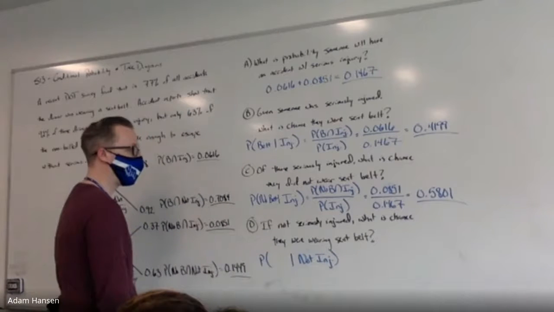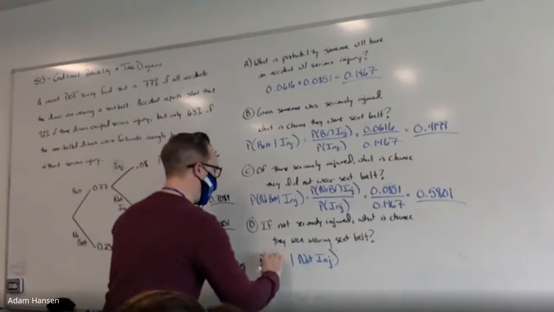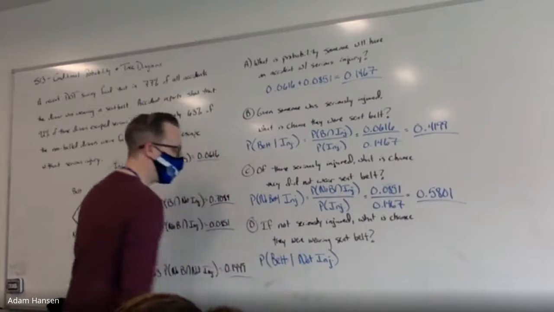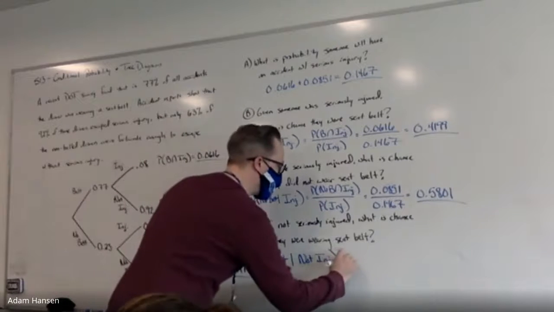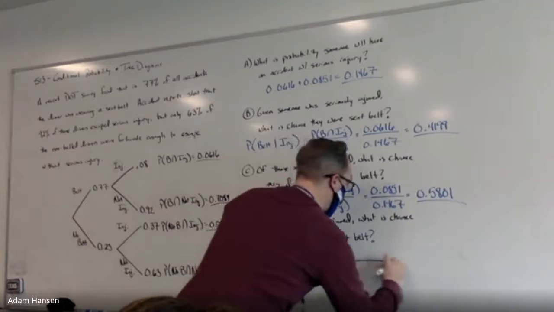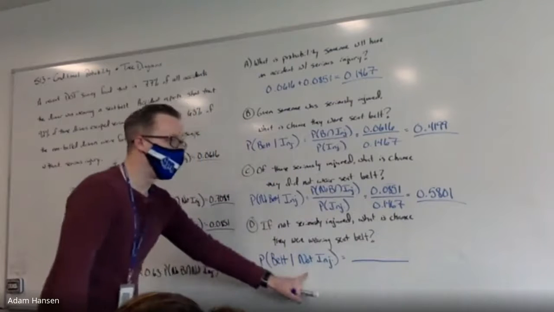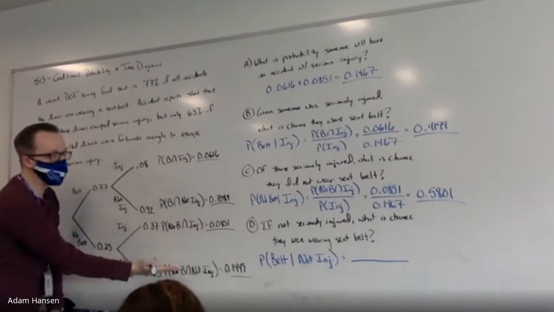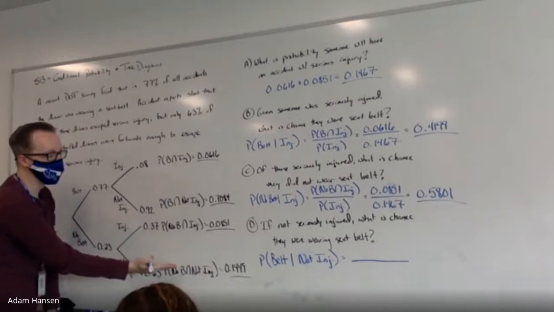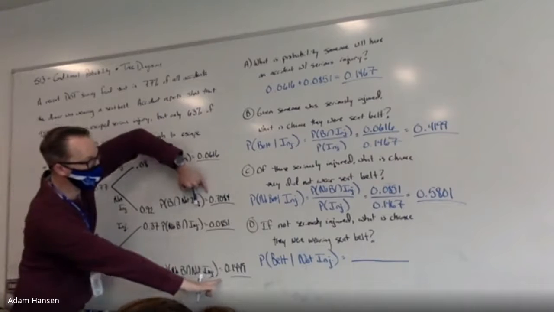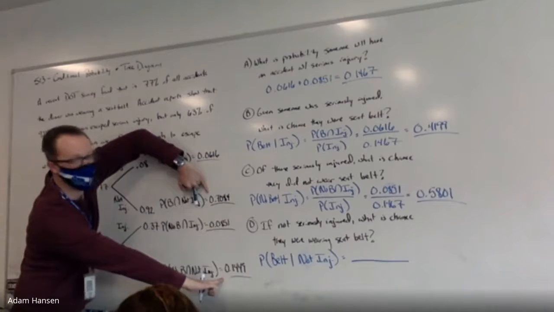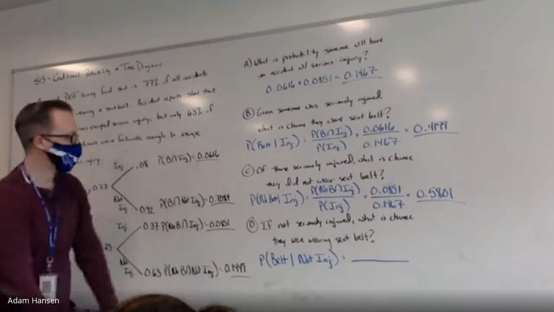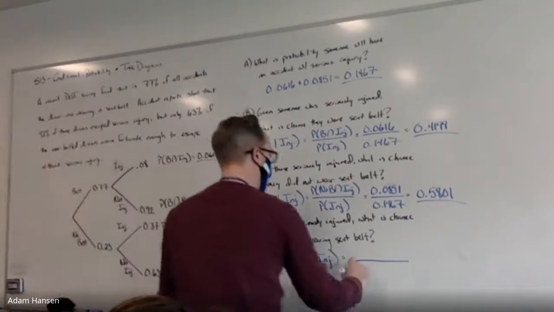Of those that were not injured, what's the chance that you were wearing the belt? Where can I find the proportions for those that were not injured? I think there's a couple different ones. Isn't it the bottom two in each of these two branches? So I need to add those together.